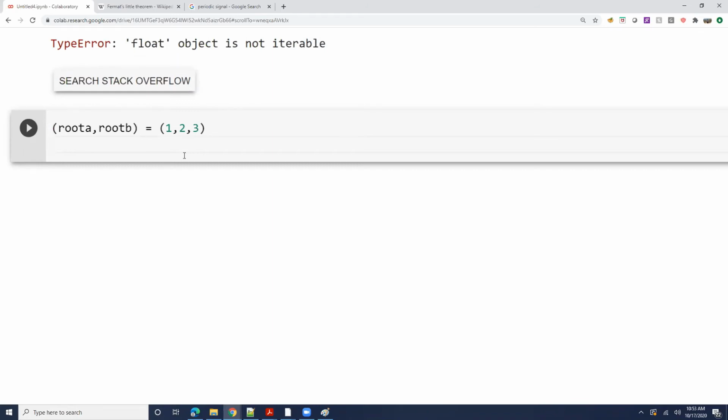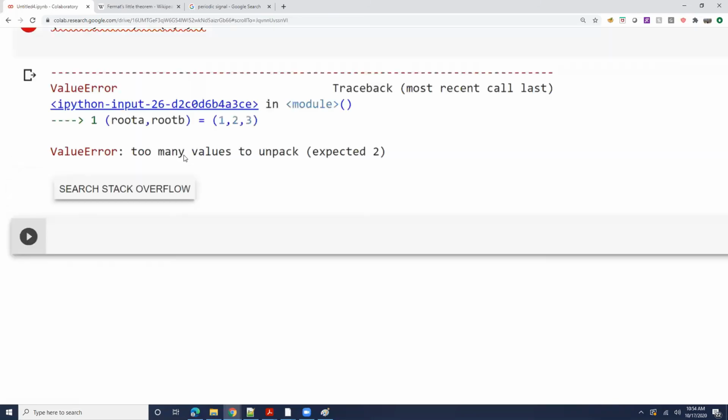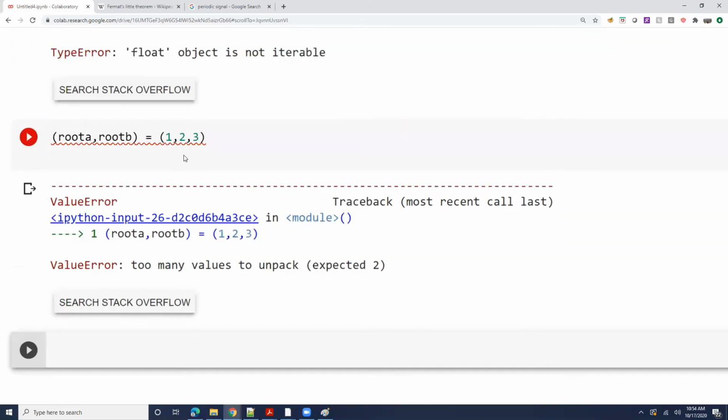First focus on this, guys. What error would you get this time? Okay, let's see. Too many values to unpack.